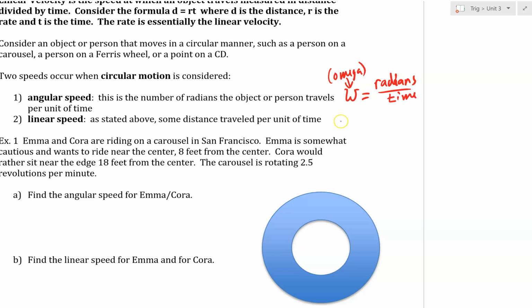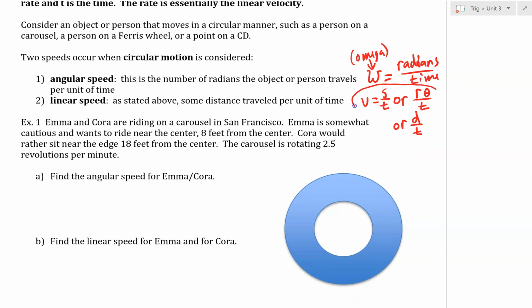And then the second one, velocity, this is V is equal to S over T. Or we could say that it is R times the angle measure over T, because S is really just R, the radius times the angle measure. We already talked about that. Or we can say it is D over T. So, some distance per unit of time. So those are the 3 that go along with this one, and then this one is this equation.